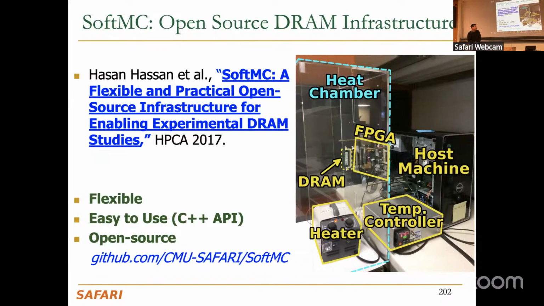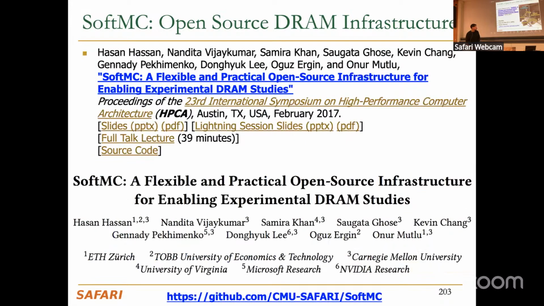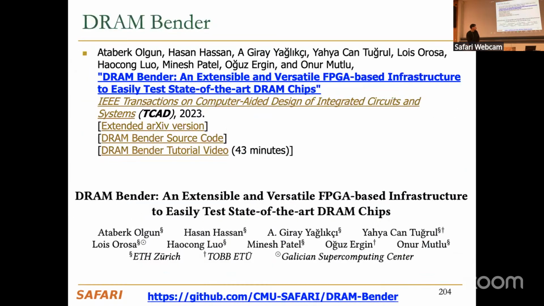So we can violate the DRAM timing parameters. And we keep building on top of this infrastructure to make it easier and easier to write code for. So you don't necessarily need to write very low-level code to program this anymore. It's quite high level at this point in time. And this is open source. Initially it was called SoftMC, now it's DRAM Bender.